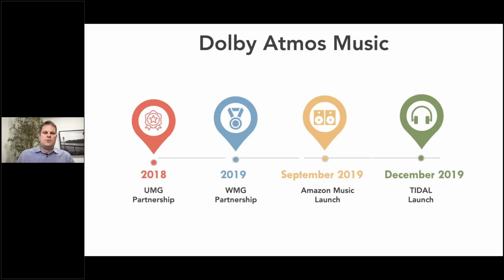And we were successful with that. So 2018, 2019, we had UMG launching a partnership with us, Warner Music launching a partnership, Amazon Music launching with the Echo Studio, and then Tidal, who were delivering AC4 IMS to these Android devices. So that binaural render mode allowed the music creator to sculpt the listening experience.